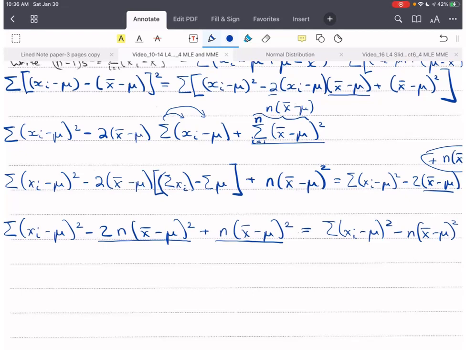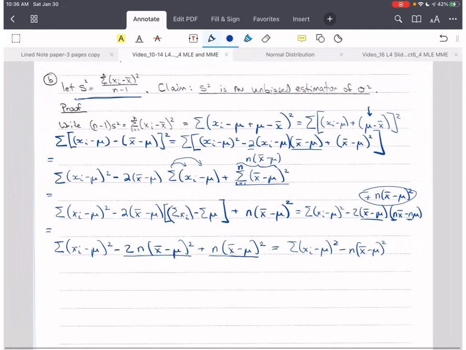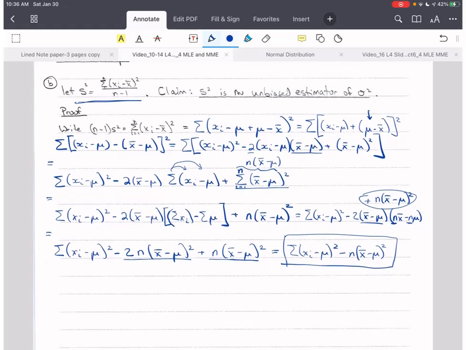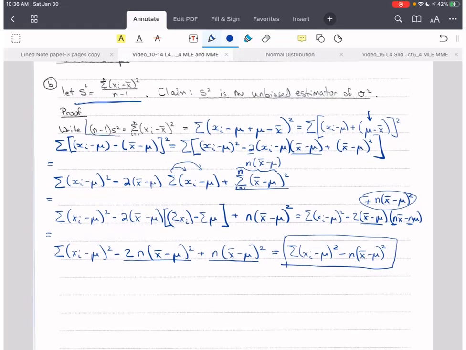Okay, so now we have it to a point where we can take the expectation. So remember that this quantity here is equal to what we started with up here, which is n minus 1 times s squared.